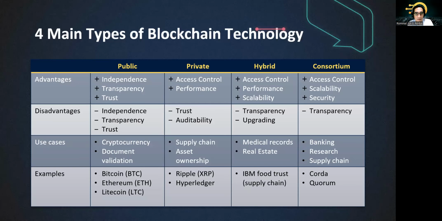To further simplify, or to really show the differences between these four types, here's a table for a quick overview of each type's advantages, disadvantages, and potential use cases. The first one, the public, is actually the goal of blockchain technology, or its essence, because they want blockchain to be without a central figure, decentralized.